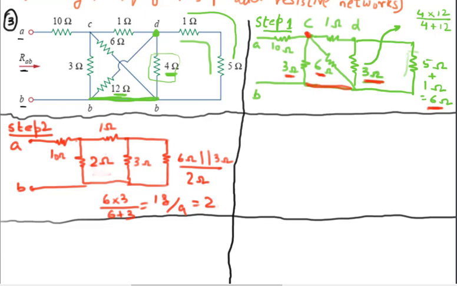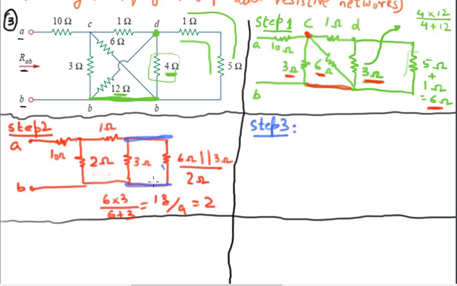Moving to the third step, let's see what's going to happen in step number 3. In step number 3, the circuit is much more reduced now. This is 2 ohms and this is 3 ohms. Now the 2 ohm and the 3 ohm, since you can see they share the same node here and here, are in parallel.